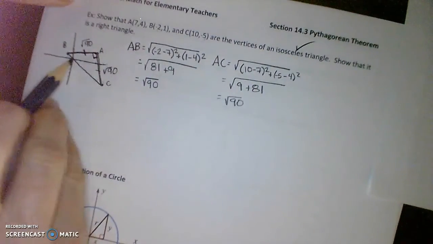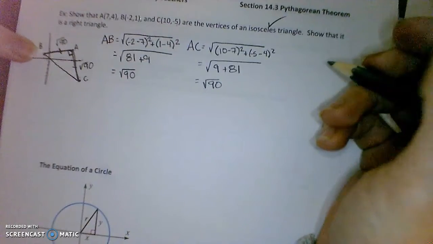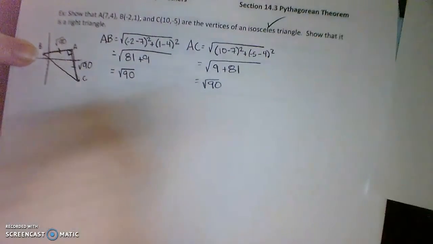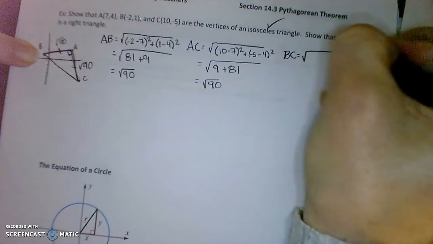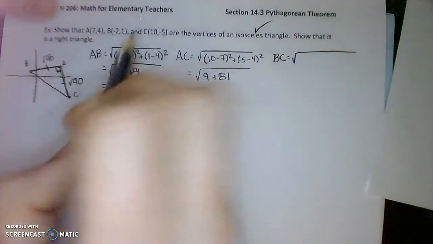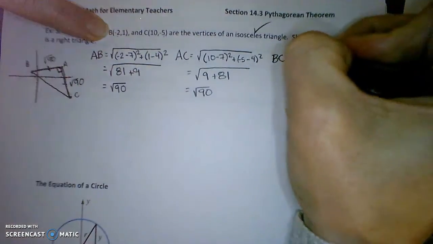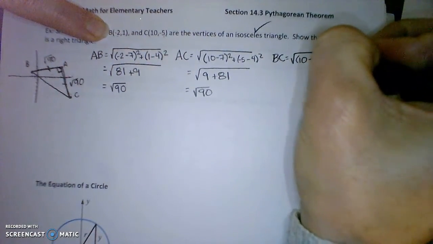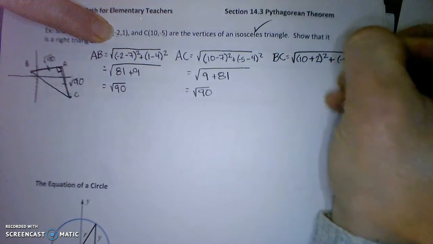Now I need to find the length of the hypotenuse and then verify the Pythagorean equation. So let's calculate BC here. That distance will be from B to C. Subtract the x coordinates. So 10 minus negative 2, or 10 plus 2 squared, plus negative 5 minus 1 squared.